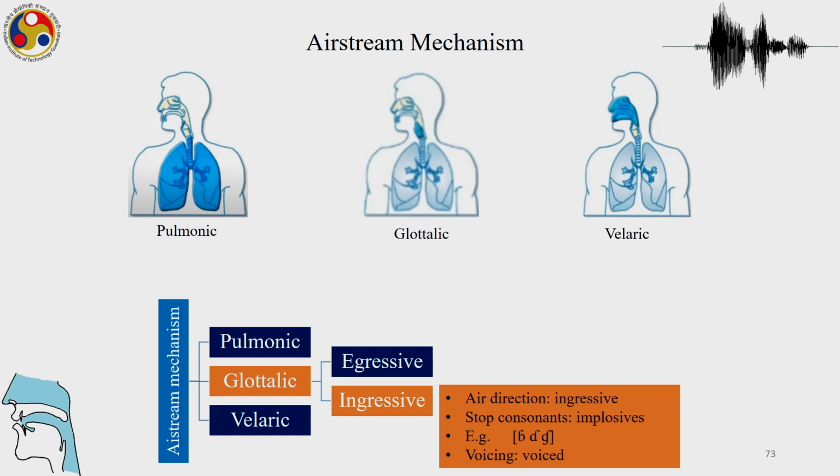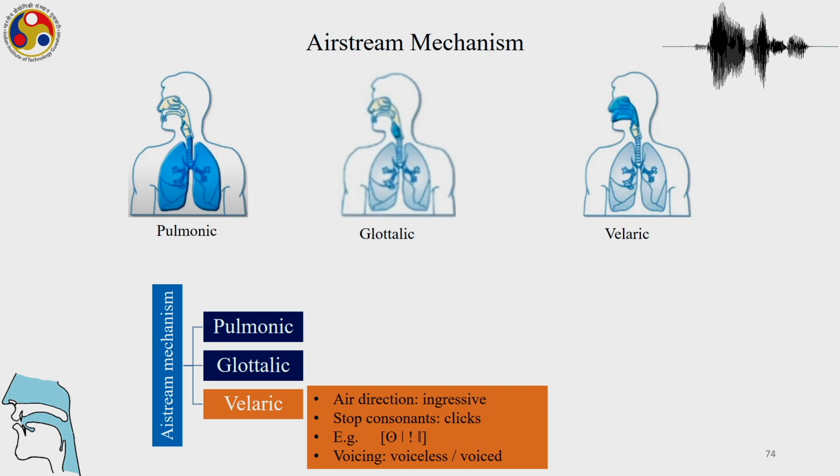So the glottalic airstream produces sounds both in the egressive, and that is the air flowing out, and ingressive, that is the air sucked in, and in both directions sounds are produced. In the velaric airstream mechanism, sounds are produced with the air which is sucked inside the velaric region, and what is produced with that air by the velaric airstream is called clicks.